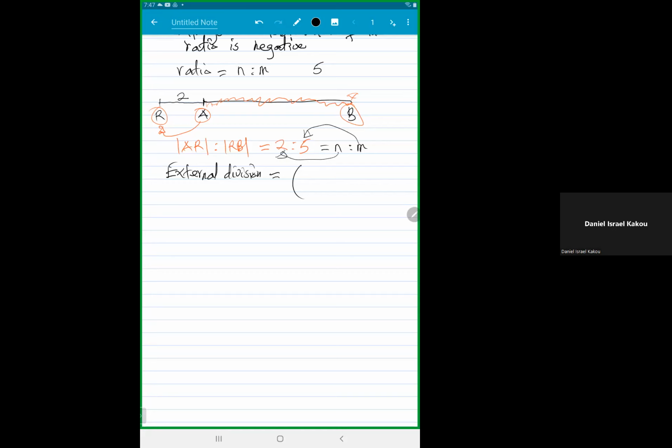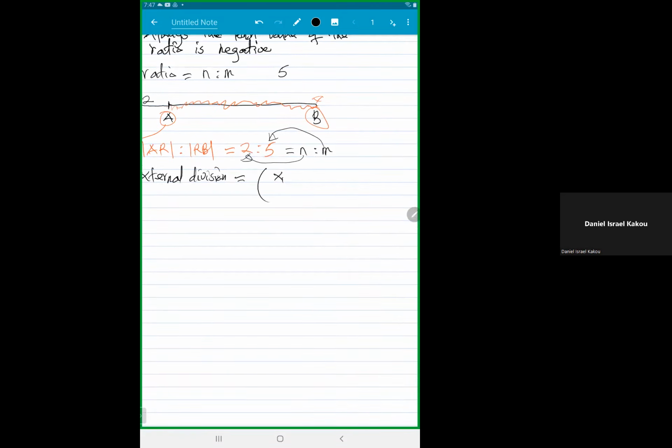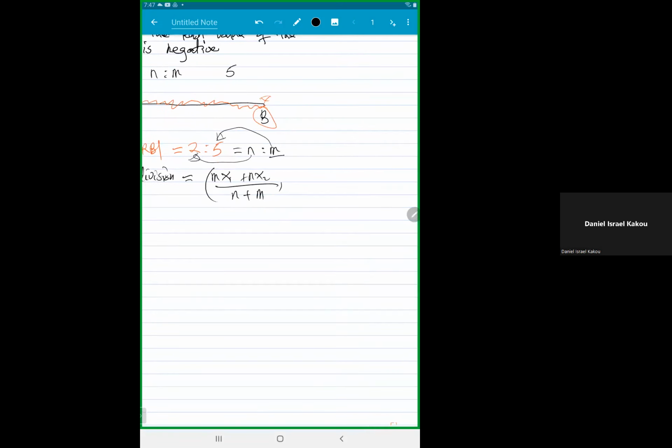So in this case, if I repeat the formula for the internal division, I have my S1 plus my S2. Now, the second formula, the second ratio, takes the first m, and the first one takes the second, divided by n plus m. I'm still repeating the internal division formula.